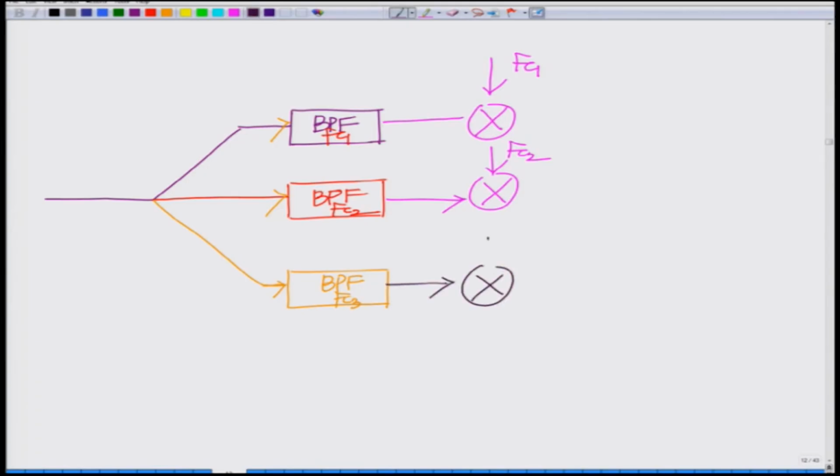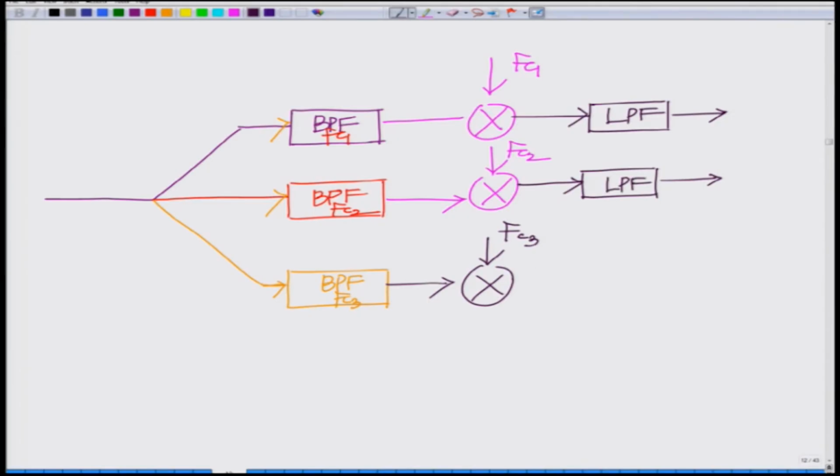The corresponding carrier frequency is FC3, so therefore demodulate at FC3, and then pass it through a low pass filter. Okay. So, you get M1(t), M2(t), M3(t).